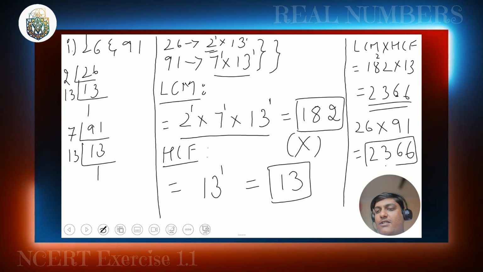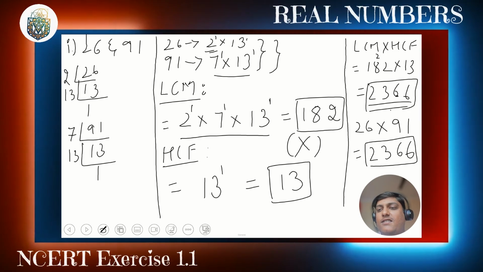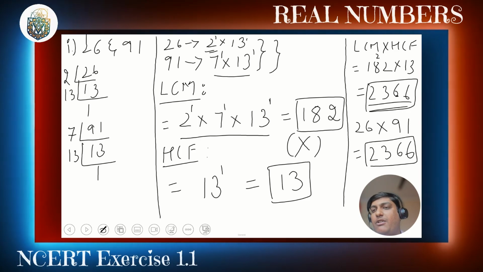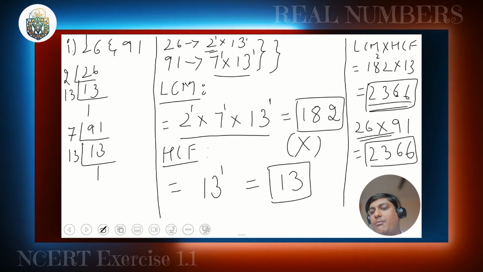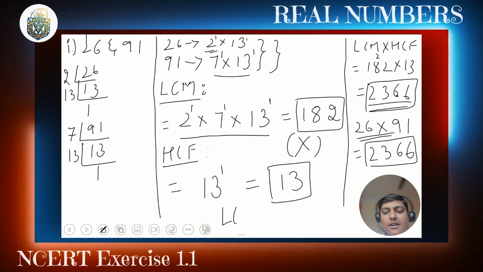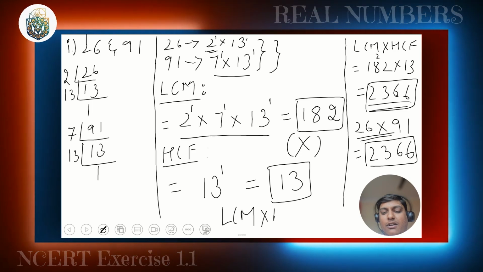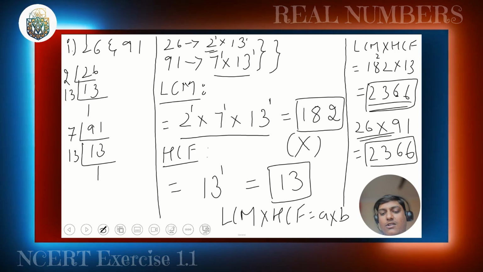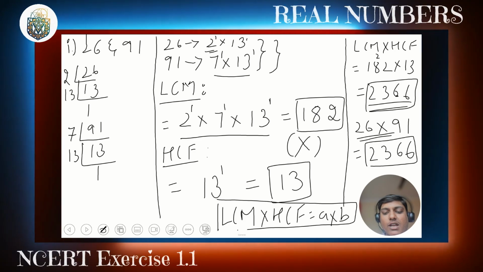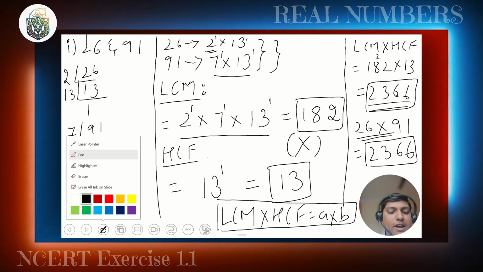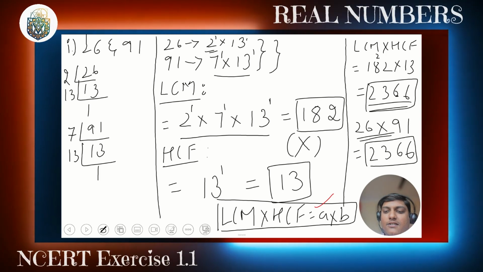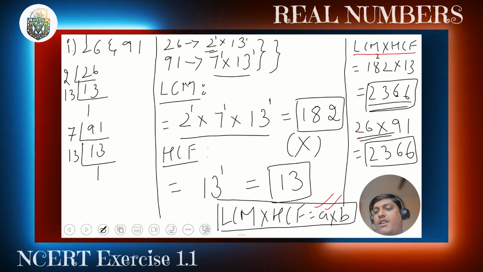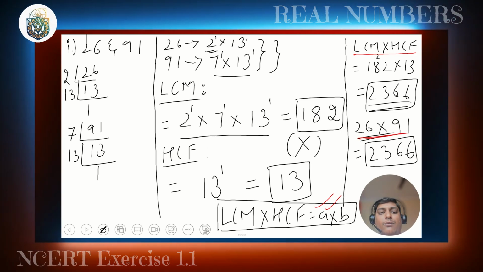Okay, so since you got LCM and HCF, the formula LCM into HCF is equal to A into B holds good. So we have verified this formula, that LCM into HCF is equal to the product of the numbers. I hope this is clear.